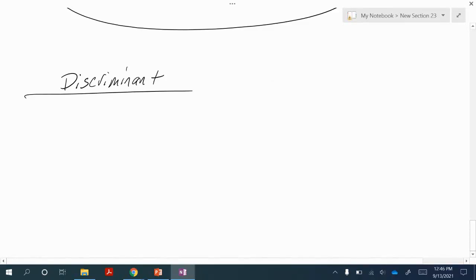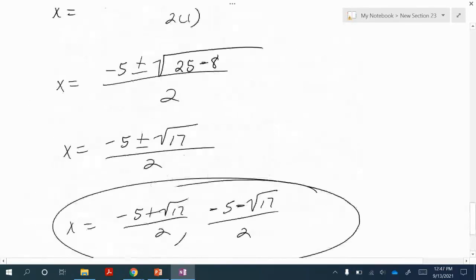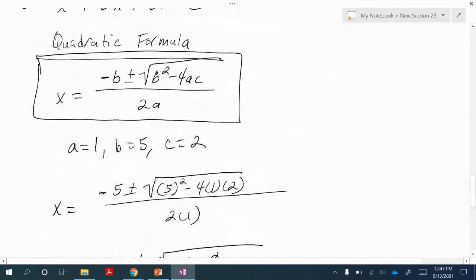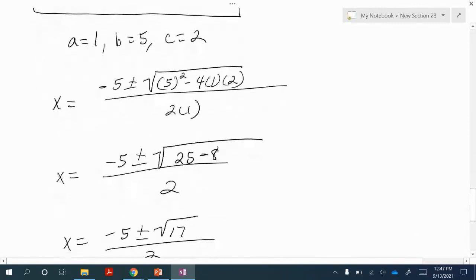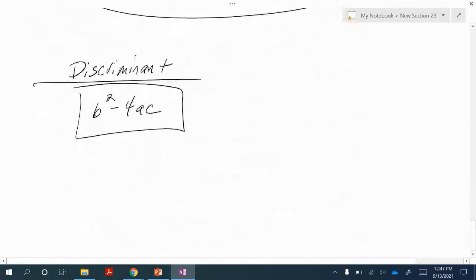And a discriminant is actually the b squared minus 4ac portion of the quadratic formula. So if I go up here, notice that the square root contains b squared minus 4ac. b squared minus 4ac is the discriminant, right?